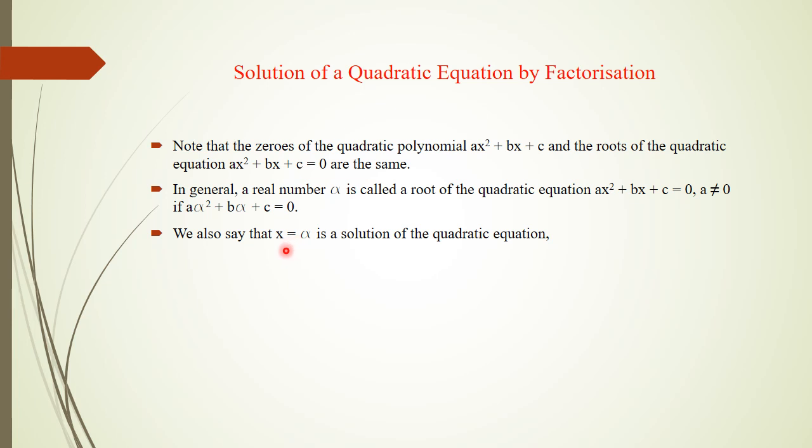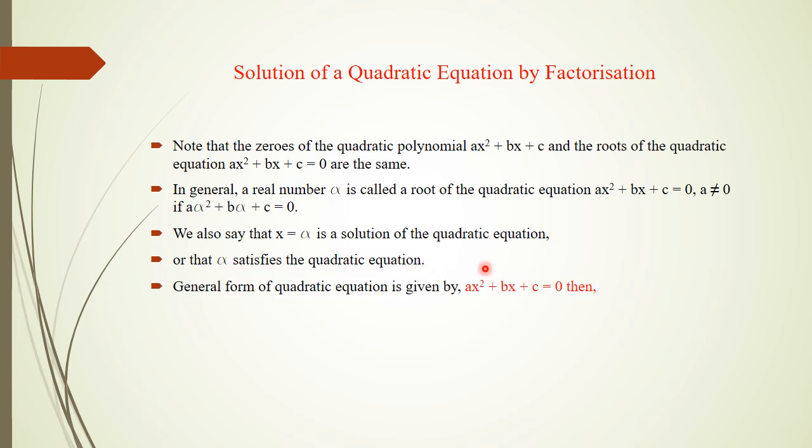We also say that x equal to alpha is a solution of the quadratic equation. Means by replacing x by a particular number that I say alpha, getting answer as 0. Therefore, I call this alpha as solution of the quadratic equation. Or I can also say that alpha satisfied the quadratic equation.